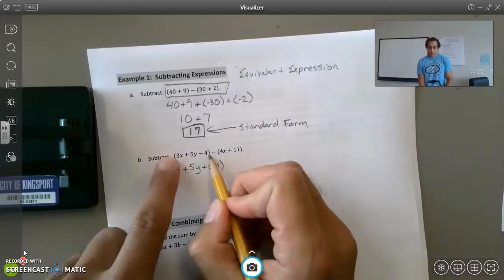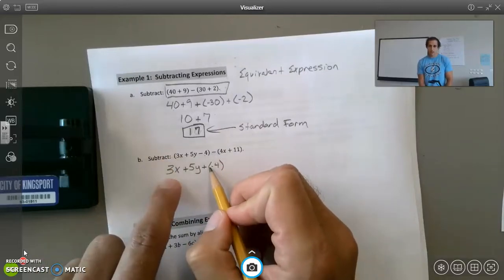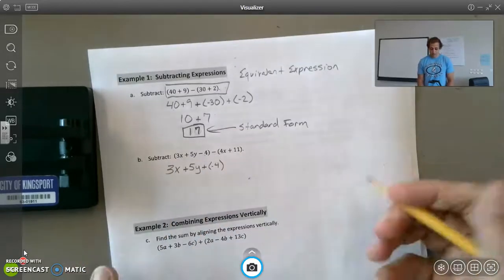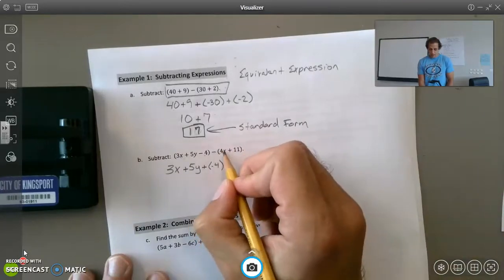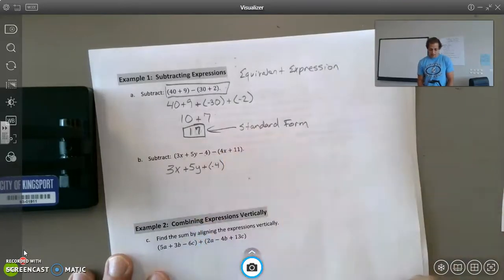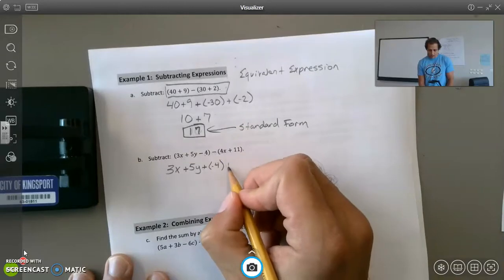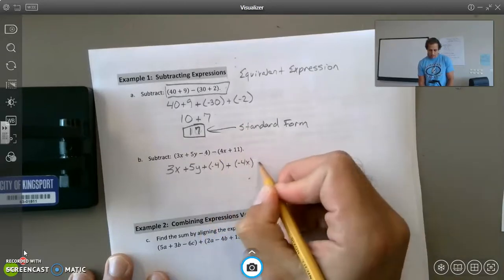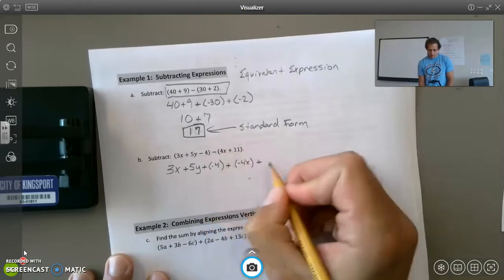I can get rid of the parentheses because once we create addition, it's commutative and associative, so we can drop those. Now, minus 4x plus 11. So I want to add the opposite of 4x and add the opposite of 11.